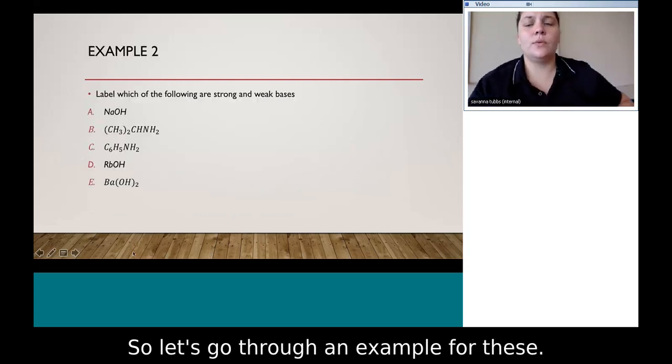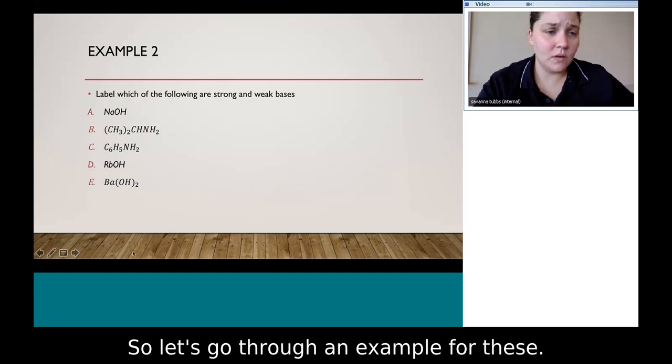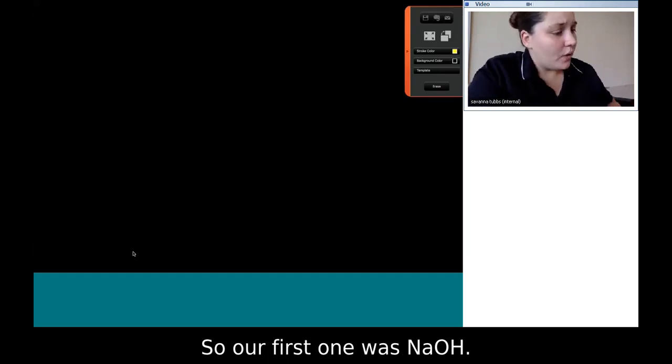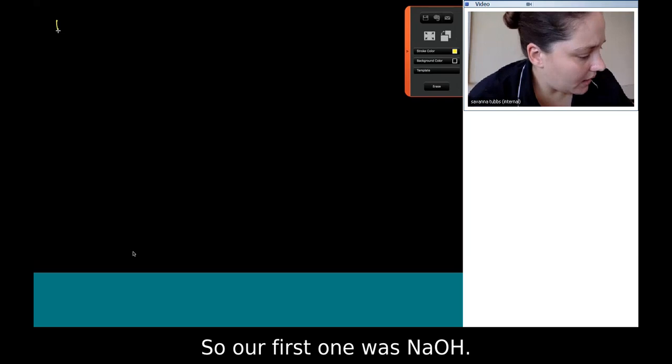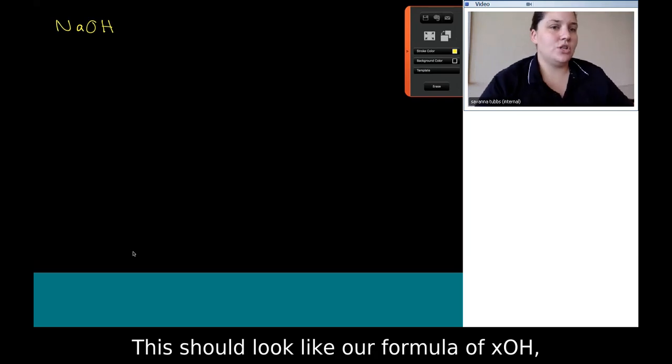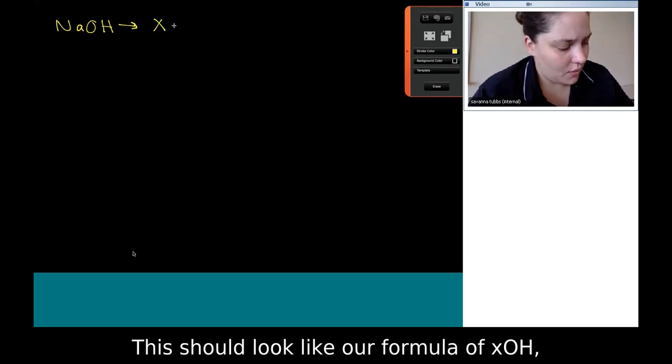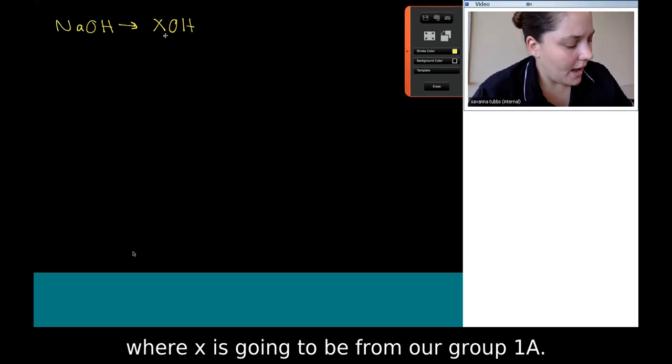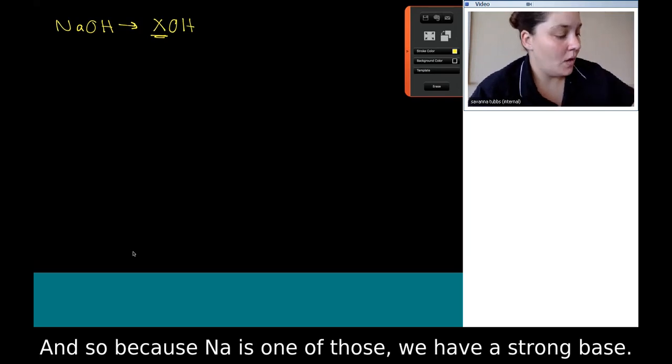So let's go through an example for these. Our first one was NaOH. This should look like our formula of XOH, where X is going to be from our group 1A. Because Na is one of those, we have a strong base.